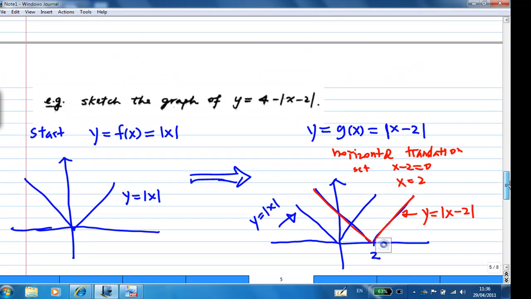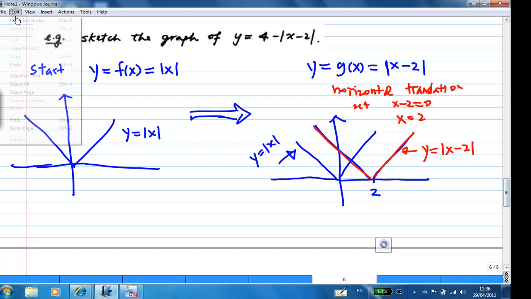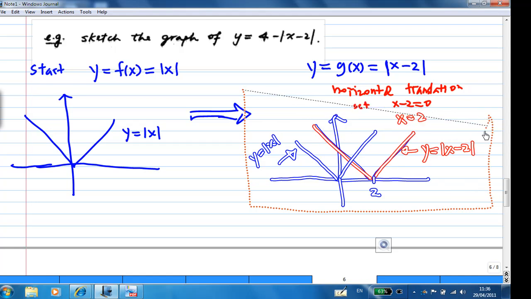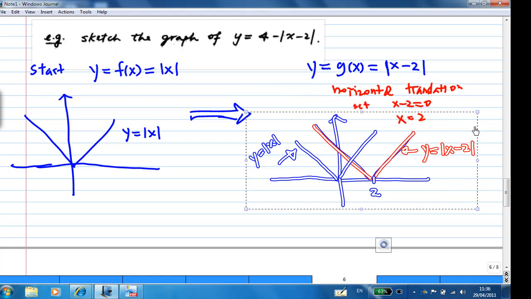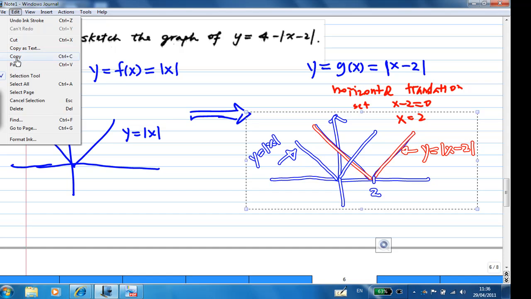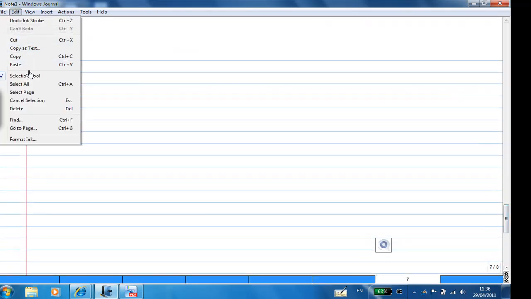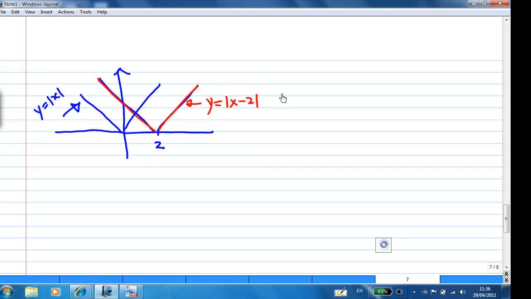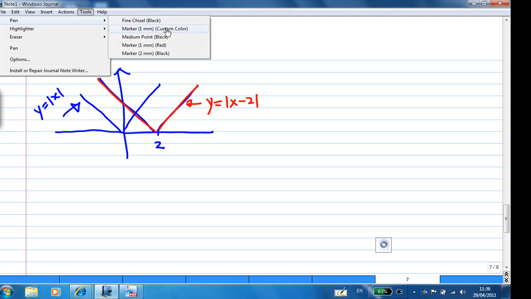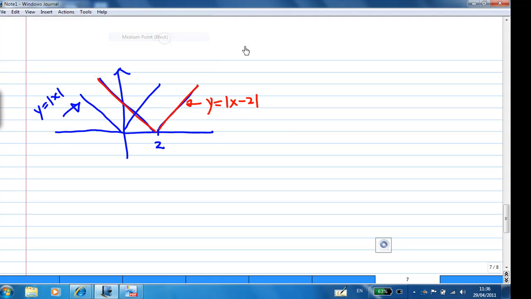So let me copy the graph here. And now I move here. Now I want to look at another one. Let's say another new graph. This time I want to look at y equal to minus absolute value of x minus 2.